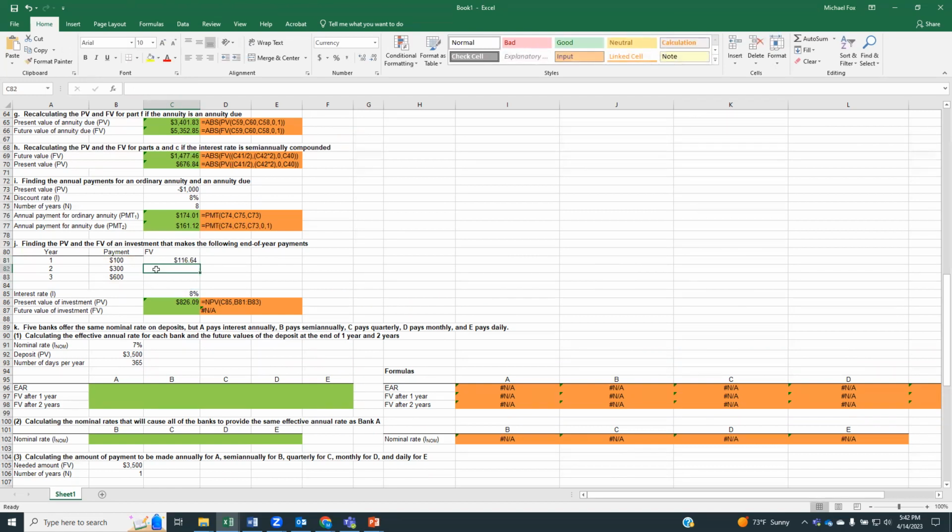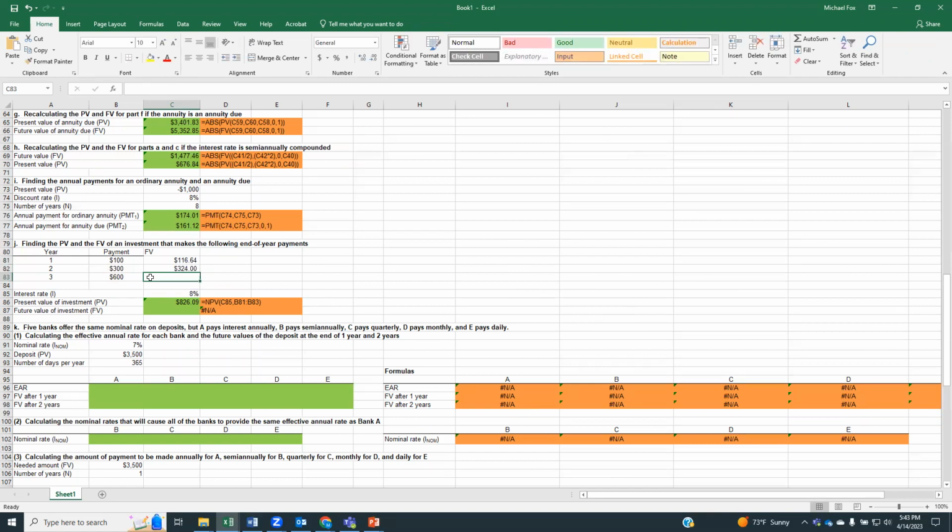Then for the second payment, I'm going to say it's the absolute value of the future value of rate 8%, number of periods 1, payment 0, present value 300.